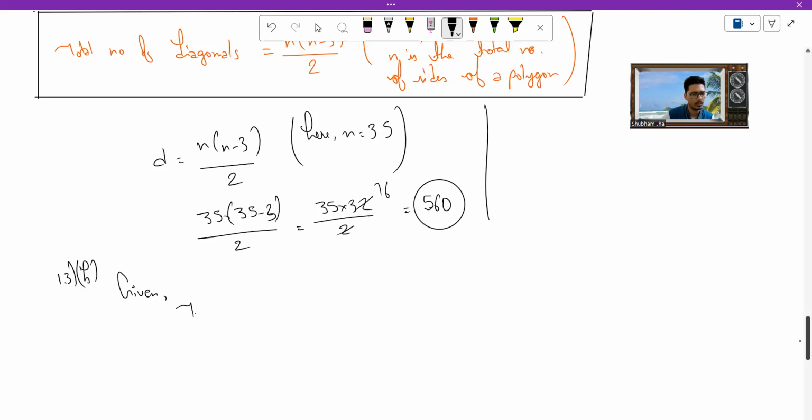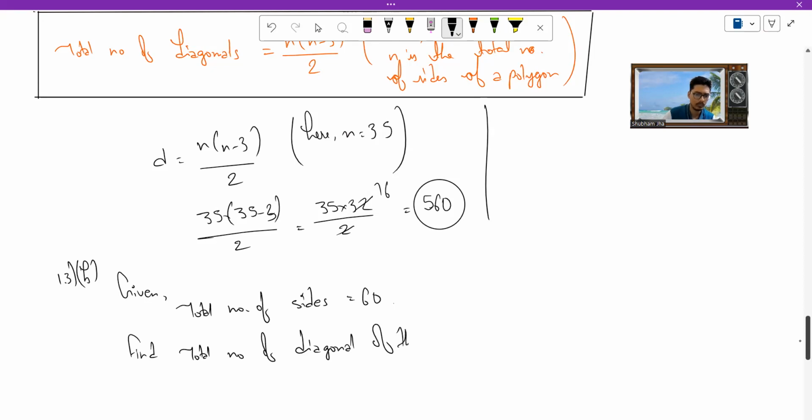Given: total number of sides equal to 60. Find: total number of diagonals of the polygon.